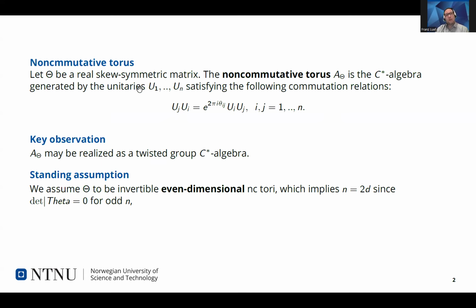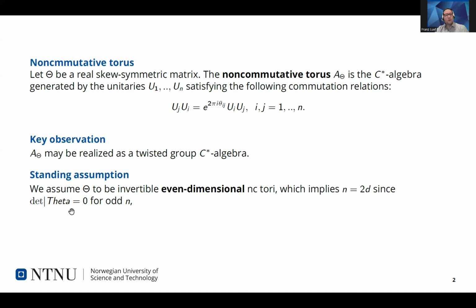We are given some unitaries u1 to un, and they have to satisfy this commutation relation: if you commute two of these unitaries, then you pick up a phase factor depending on this matrix entry theta ij. And for us, it's going to be important that we can realize them as some twisted group C* algebra.